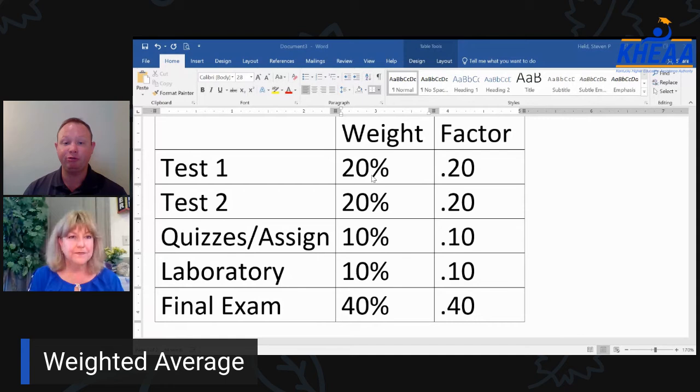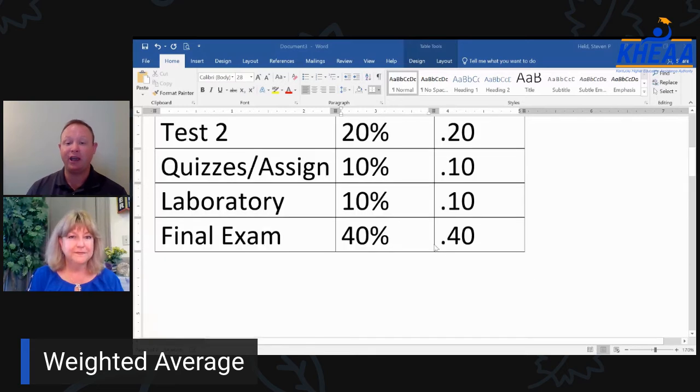You carry the decimal 2 places to the left, and that is how we do multiplication with a percentage. So the weighted factor for a 20% weight is 0.2, 0.2, 0.1, 0.1, and 0.4, following those percentages. So that's how we get weighted factors.